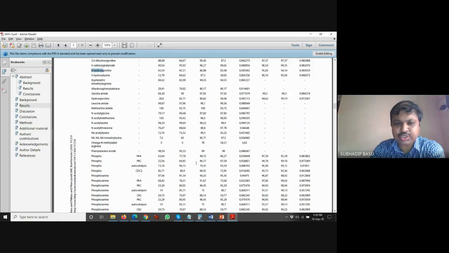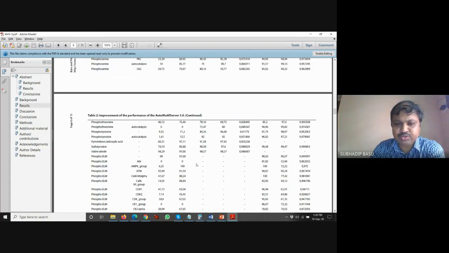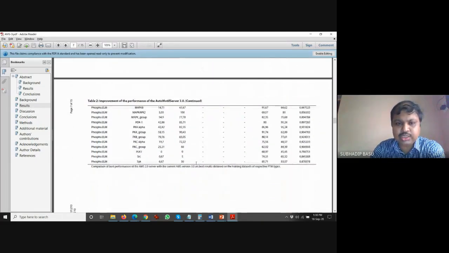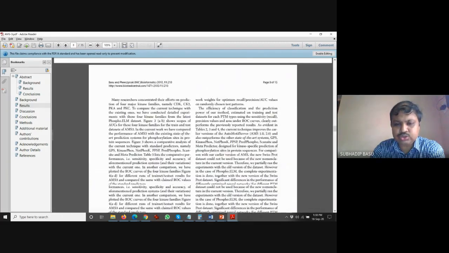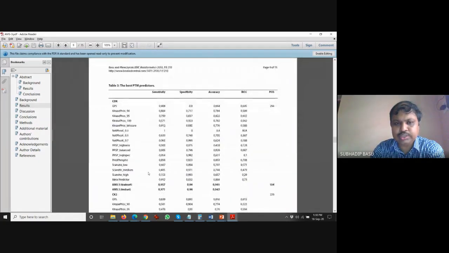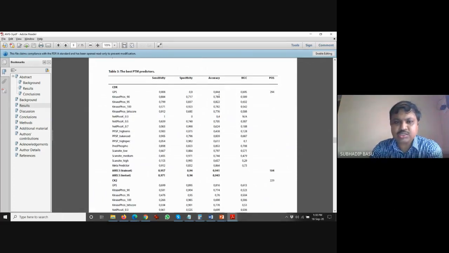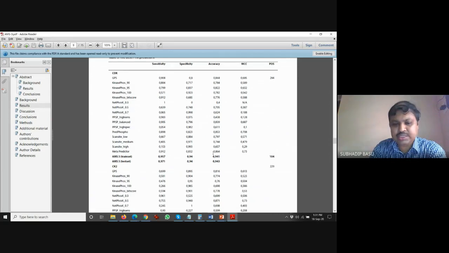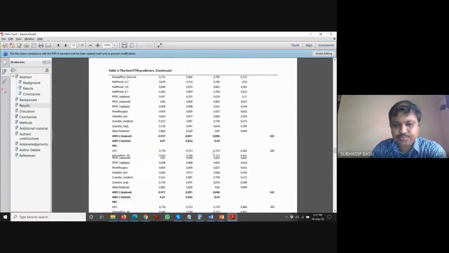You can see that improvement is shown. I can also show you the best PTM predictions; these are the best results reported, in the case of CDK and the others.